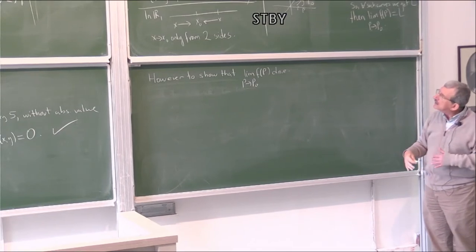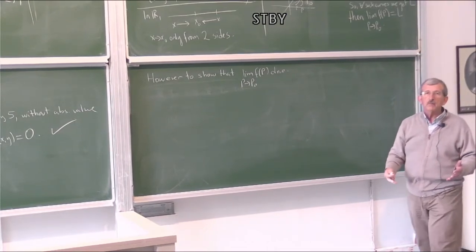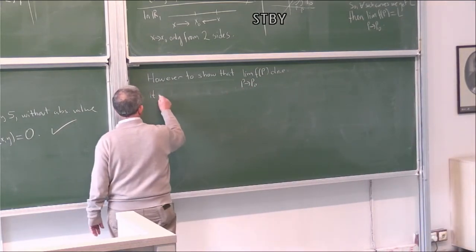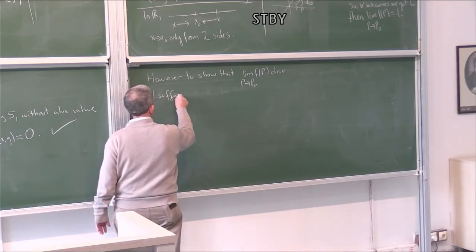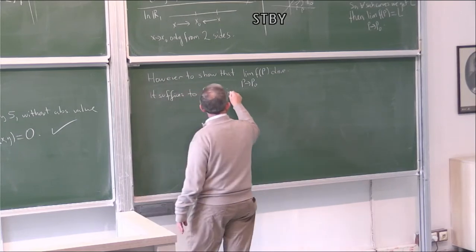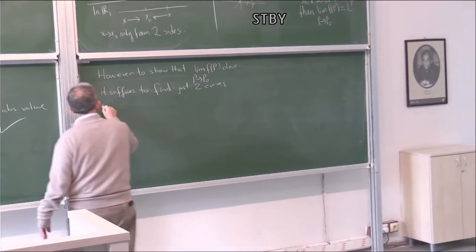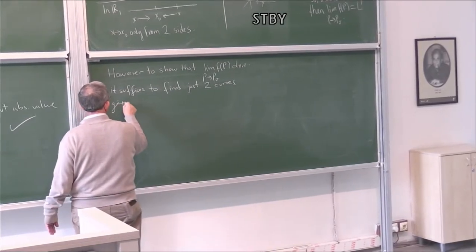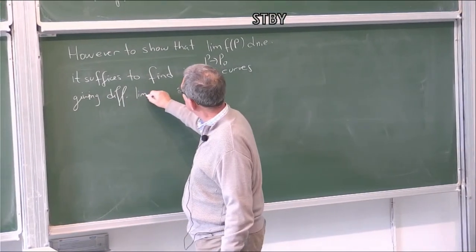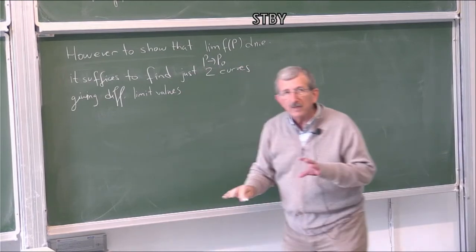So for this not to exist, it's enough to find two of them which give you different values. It suffices to find just two curves giving different limit values. This remark will be clear from the examples in a minute.